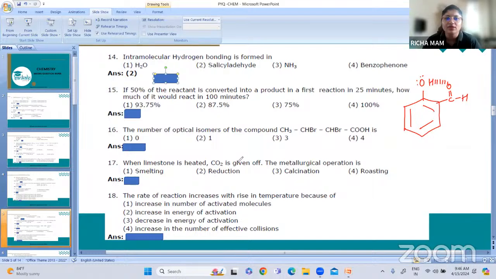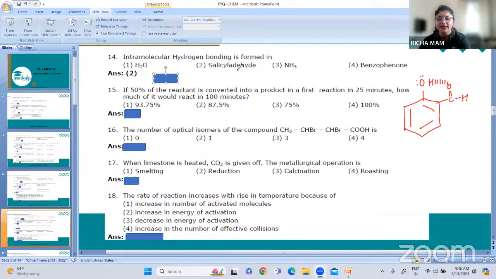So if 50% of the reactant is converted into a product in the first order reaction in 25 minutes, how much would react in 100 minutes?